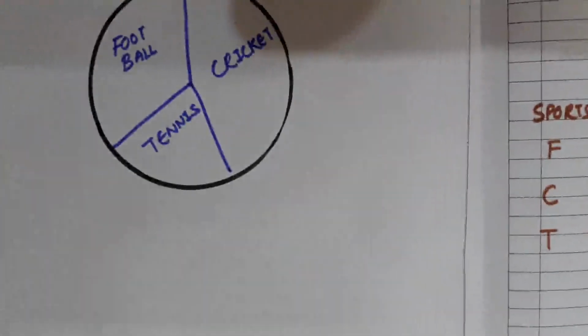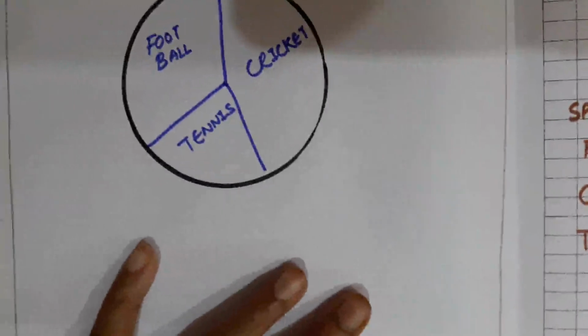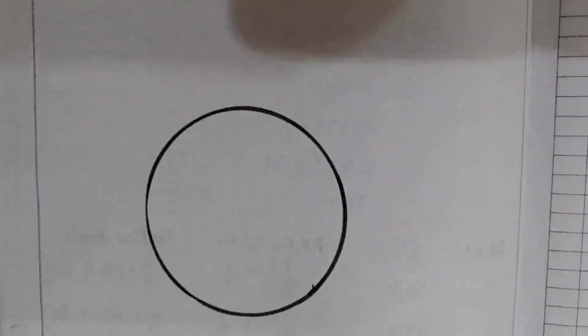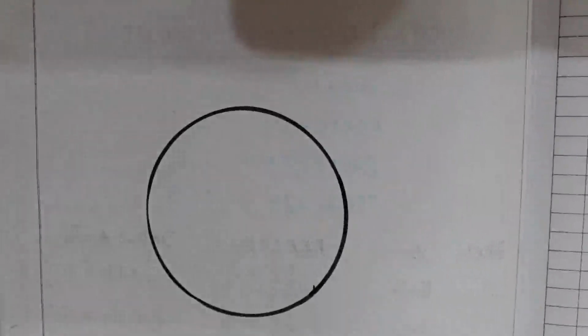So let's make this again. Now again make a circle. So let's make angles of 180 degrees and 90 degrees. So make that.